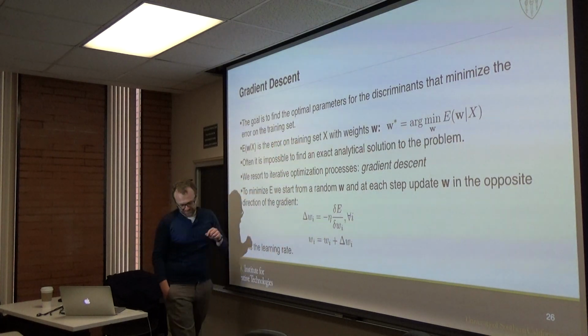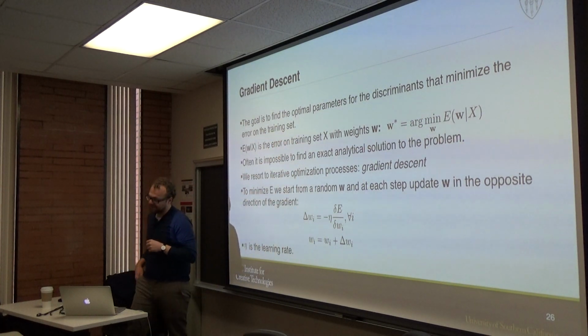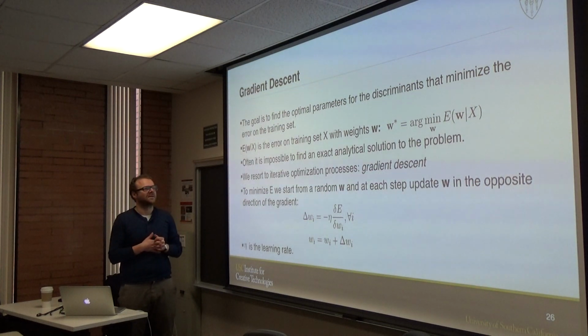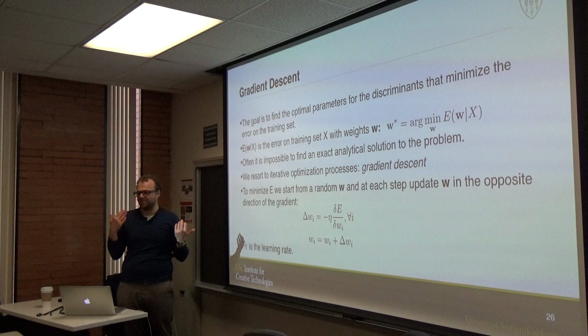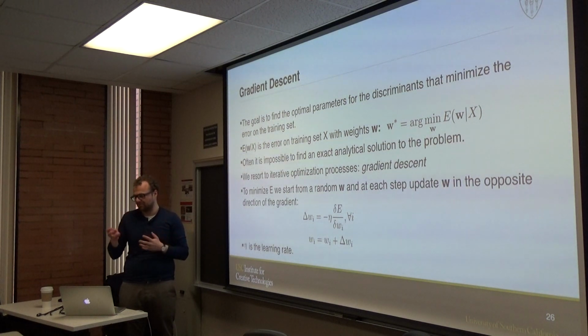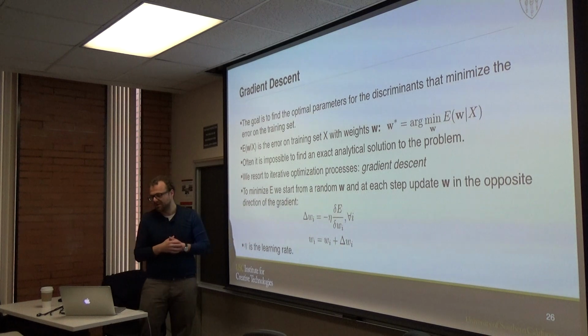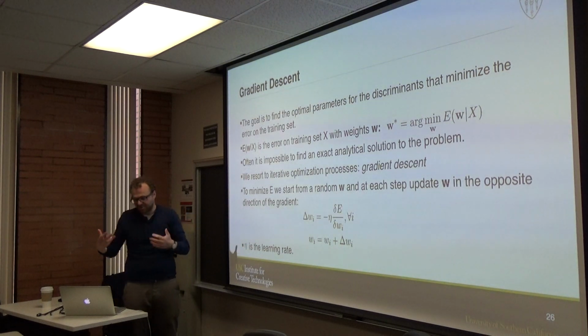so that the discriminant finds the minimal error, or the minimal cost, or the minimal error criterion. So we need to find the parameters that minimize the error criterion, whatever that is, or cost criterion.